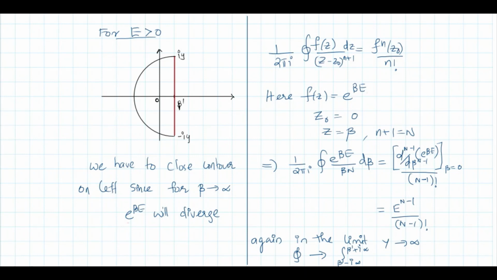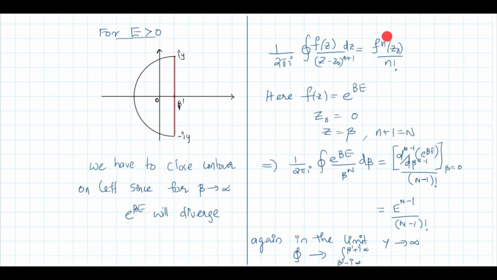Instead of z, we have beta. And instead of n plus 1, we have capital N. And our integral is this one: 1 by 2 pi i closed integral of e raised to beta E divided by beta raised to N d beta.